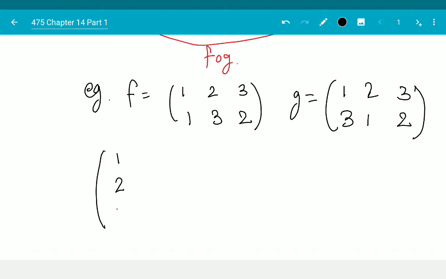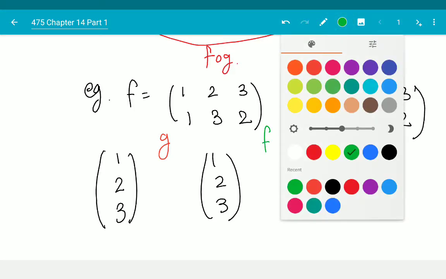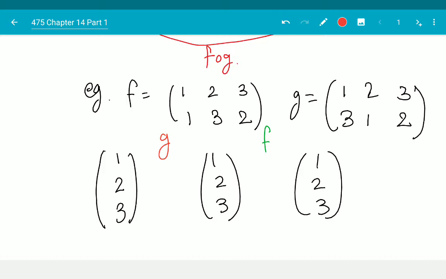Well, 1 2 3, 1 2 3, 1 2 3. I have to do g first, right? So this is going to be g, this is going to be f. Let me do g first. So what does g do? 1 goes to 3, 2 goes to 1, and 3 goes to 2, right?